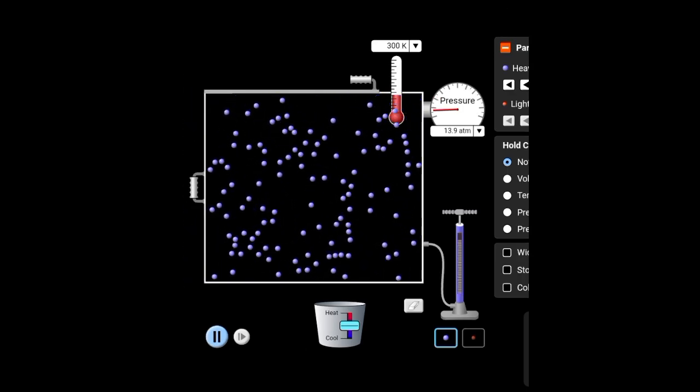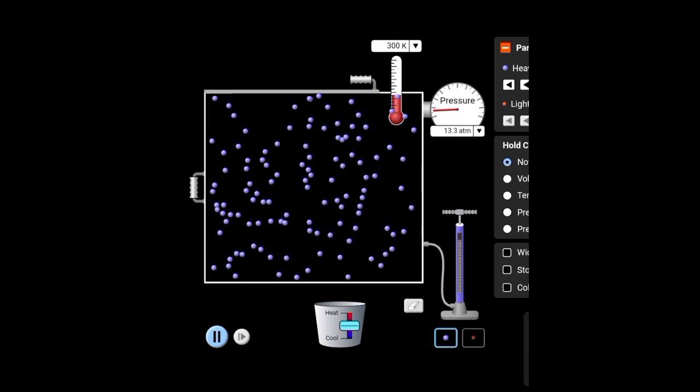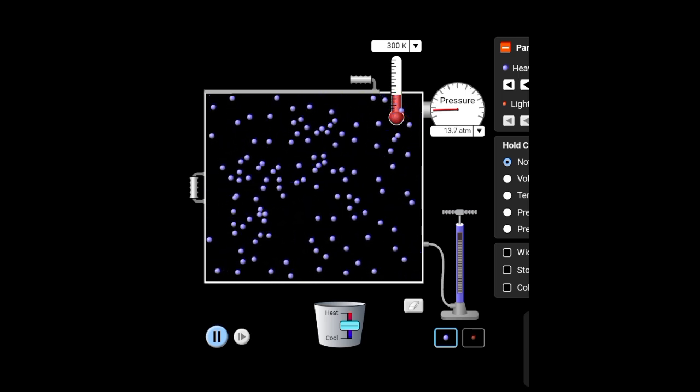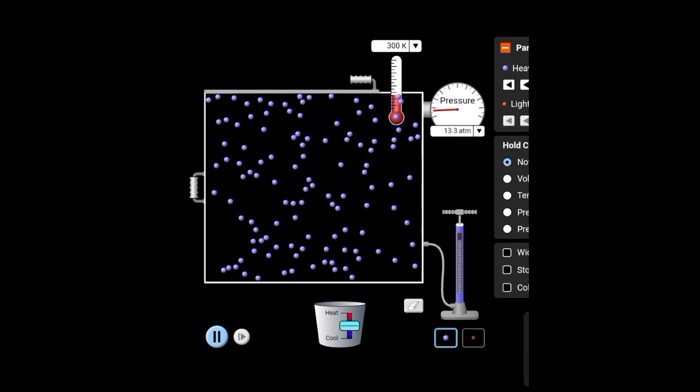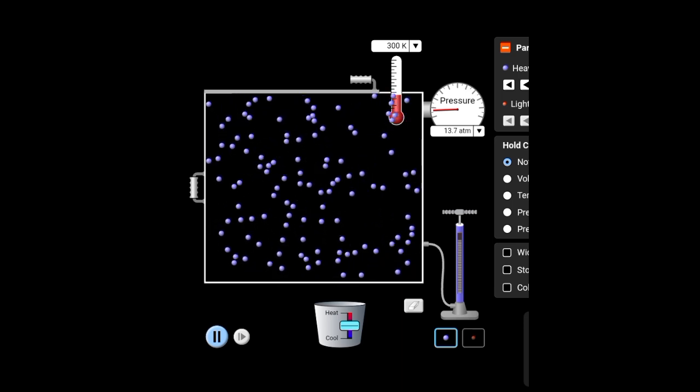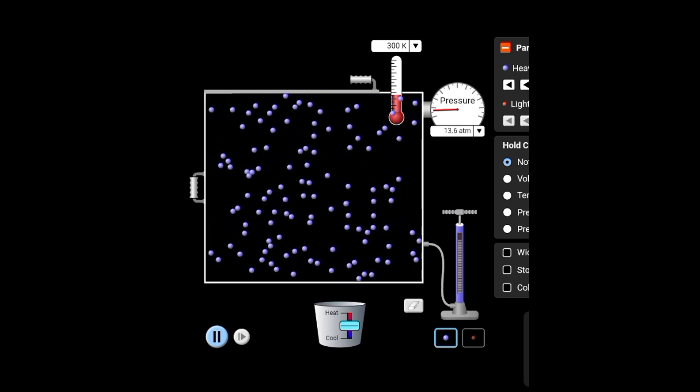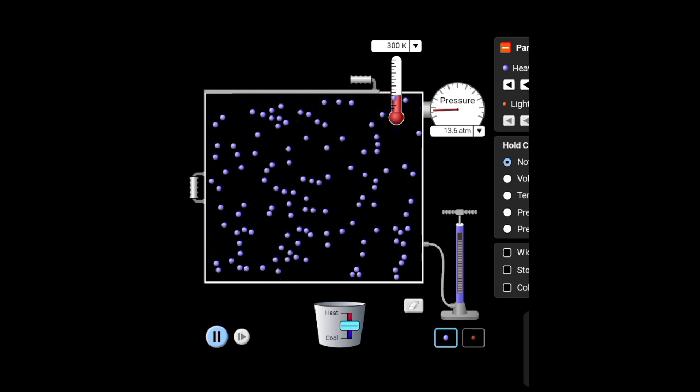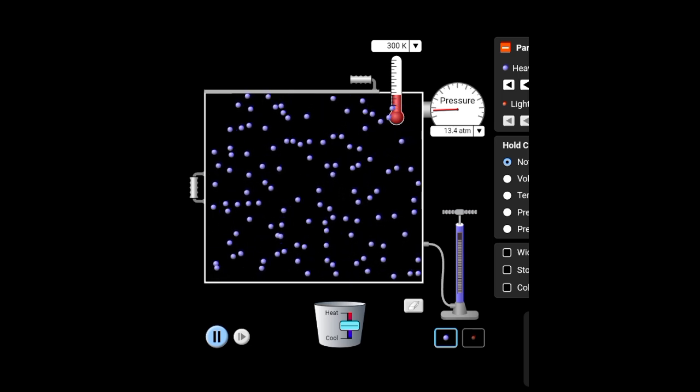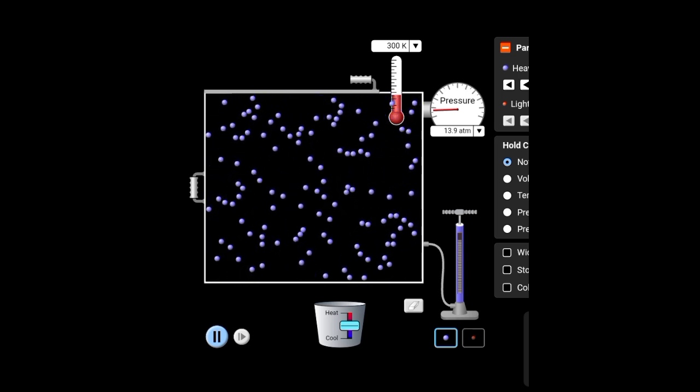Now let's explore how changing the volume affects the gas in the container. In the top left of the container, you can adjust the size of the container. Now try reducing the volume and observe what happens.